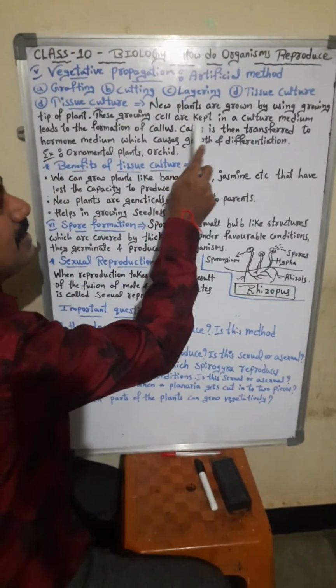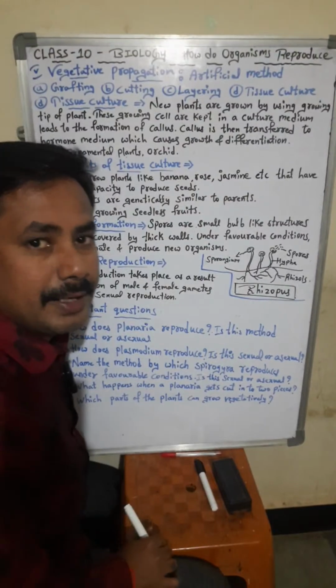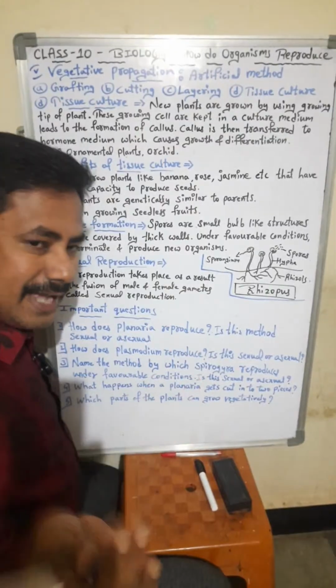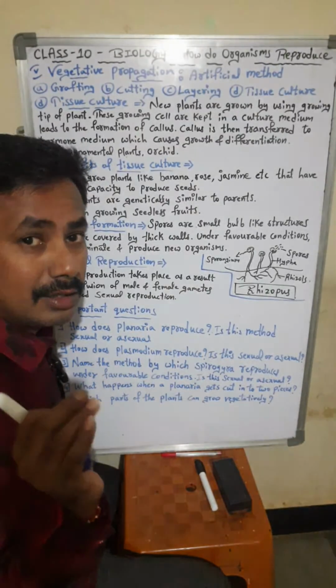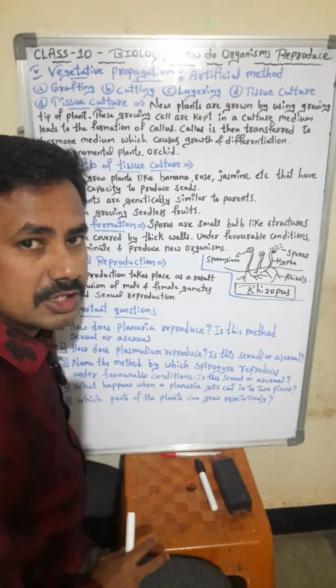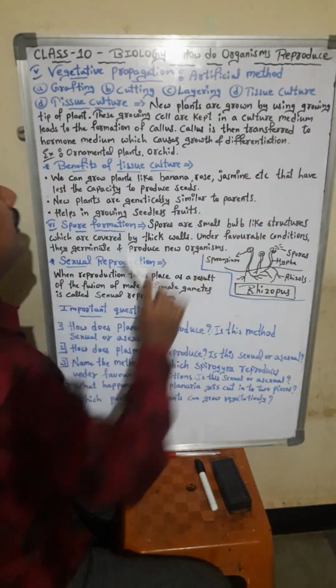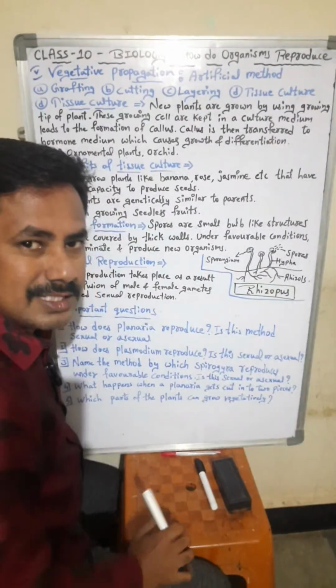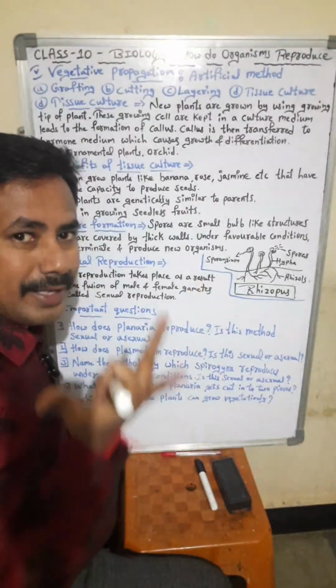These growing cells are kept in a culture medium. Culture medium means it is made of chemicals. In that we put this new tip of the plant, so cells will reproduce very fast in the culture medium. This leads to the formation of callus.